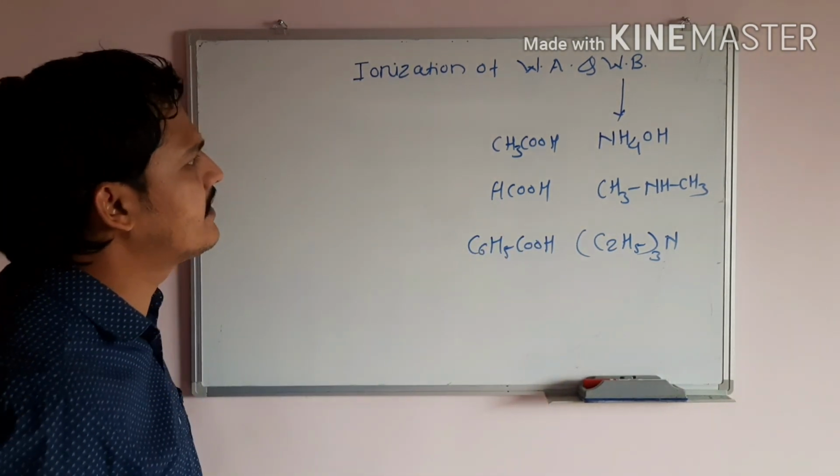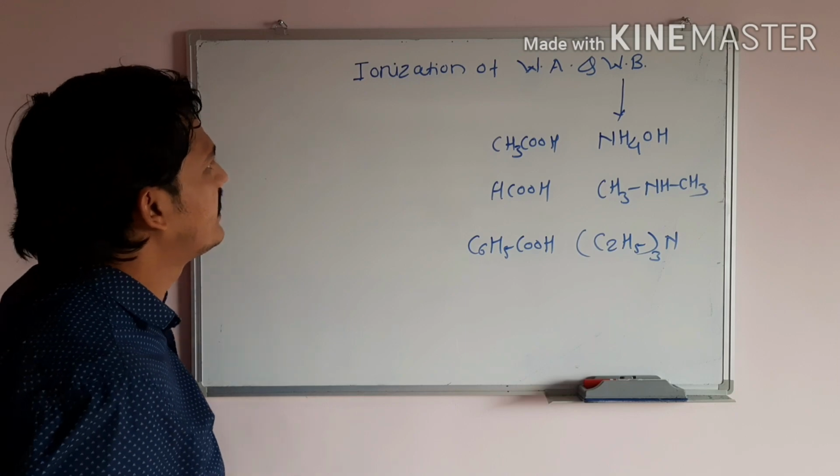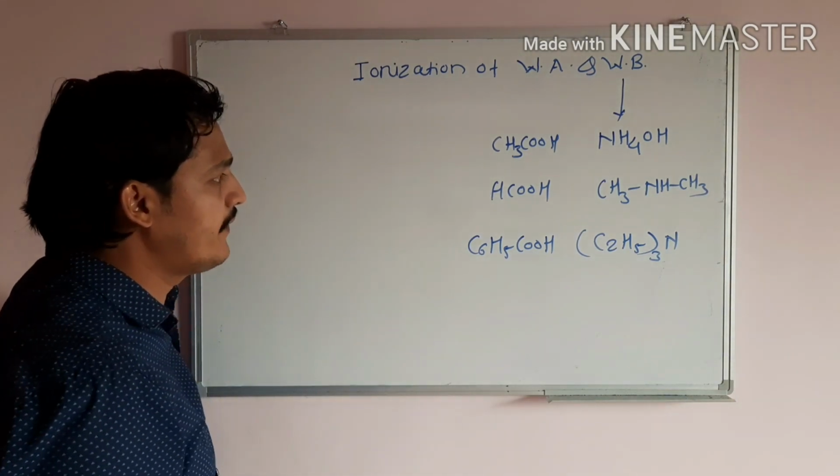These are a few examples of weak acids and weak bases. Now let us move to the ionization.